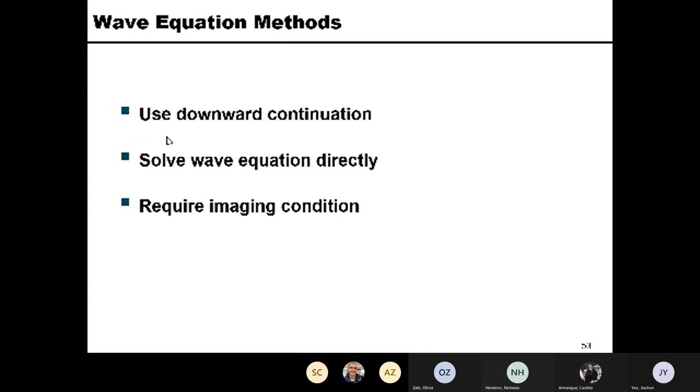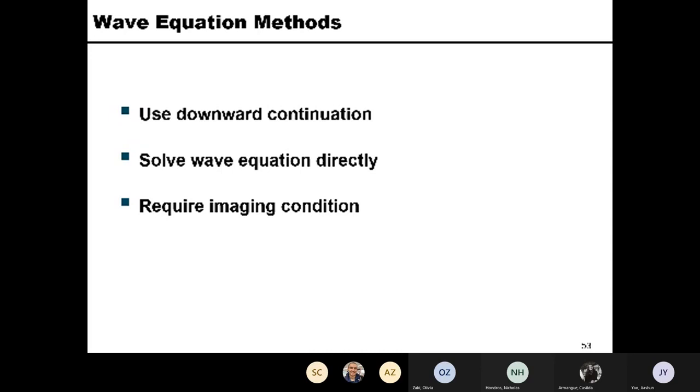You use a downward continuation principle. Downward continuation is actually not only in the seismic field, right? It's used in quite a wide range of fields. For example, if you use an aircraft to measure gravity over the city of London, you want the gravity along the surface of London, but because of so many buildings, you cannot measure that.